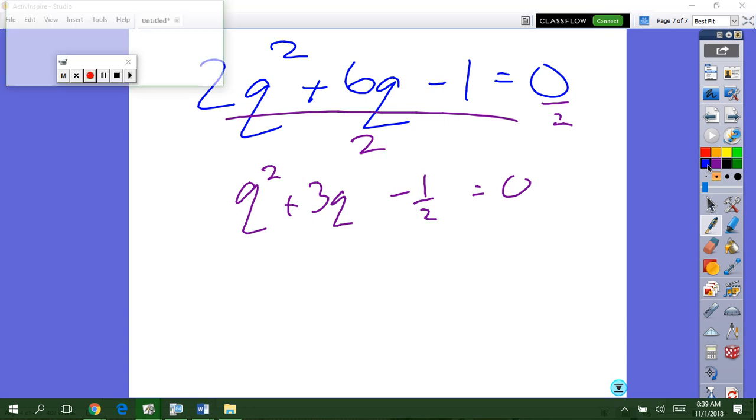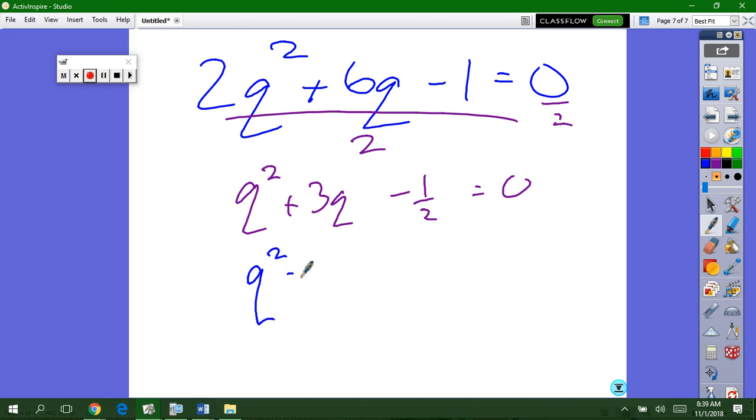Let's get him to the other side. Is it okay just to get everything to the other side? No, as long as I do it to both sides, I'm still okay, right?